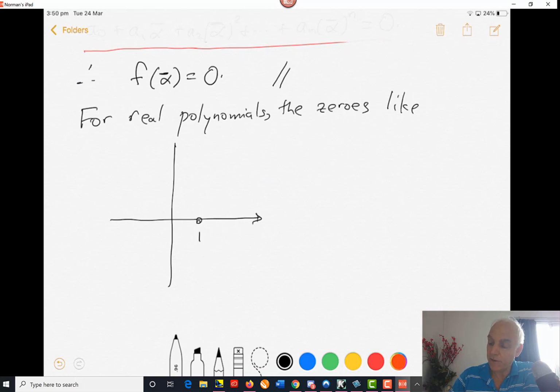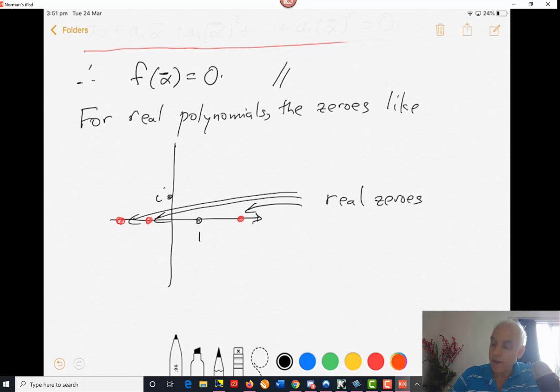There's 1, there's i. There may be a few real zeros. These are points on the line, which are real numbers. So these are real zeros of f of z. That means they're real numbers that when you plug in, you get 0.